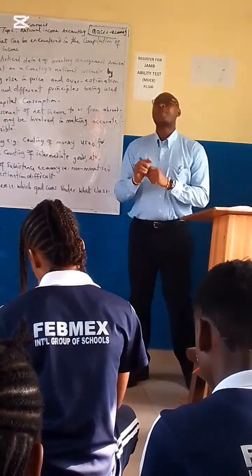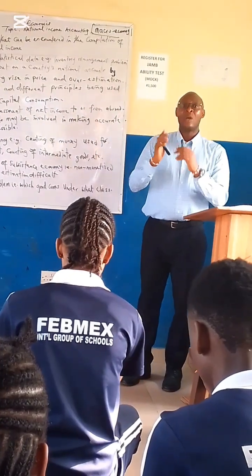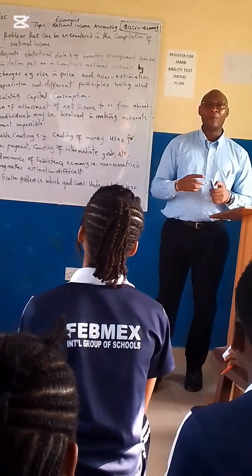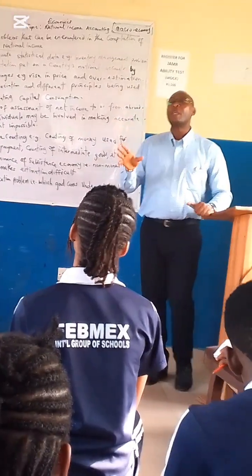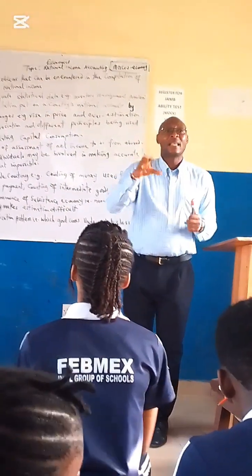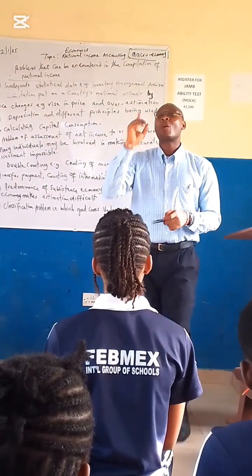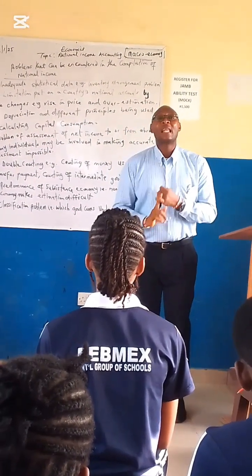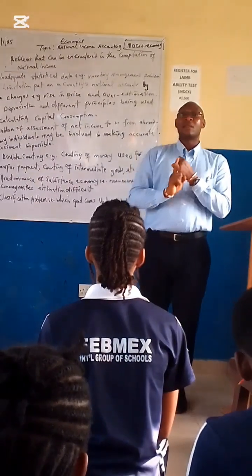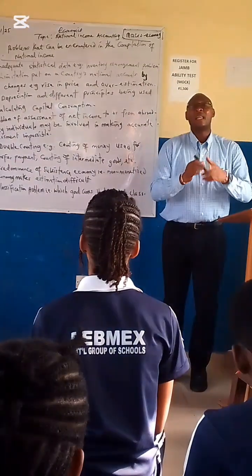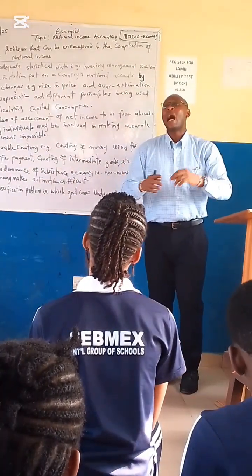Now, there is also the problem of assessment of net income from abroad, to and from. For example, there are some foreigners in this country, in construction companies like Las Vegas, High Tech, CCECC, those Chinese companies, like Seaway company, like Jivita, like Nestle PLC, and so on.